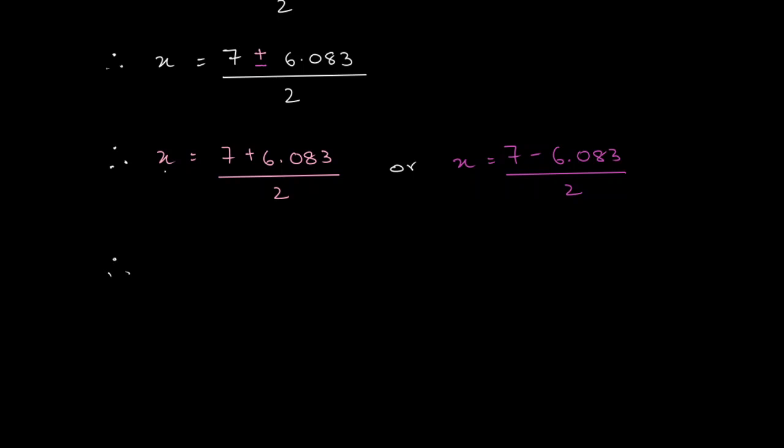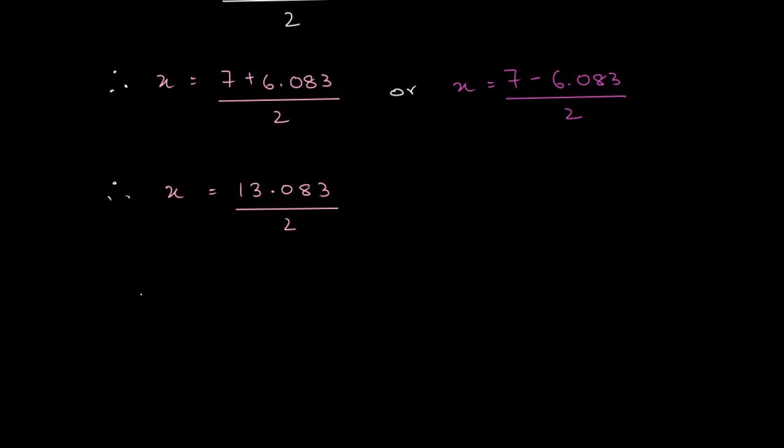For the first root, 7 plus 6.083 is 13.083 divided by 2. So 13.083 divided by 2 will be 6.5415.